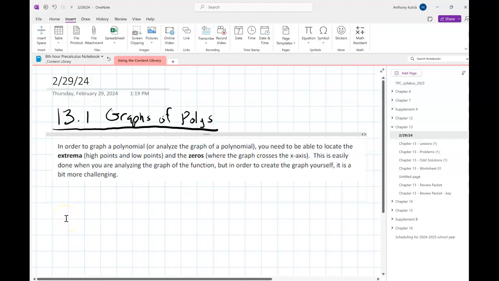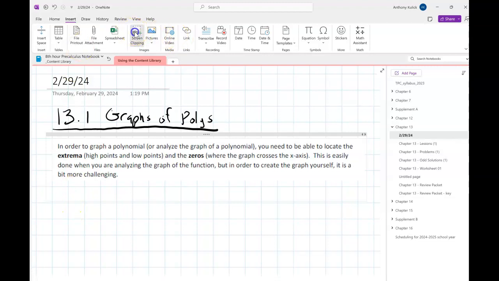Those are the extrema and the zeros. So the extrema for a graph are the relative high or low points, right? And the zeros are where the graph crosses the x-axis.